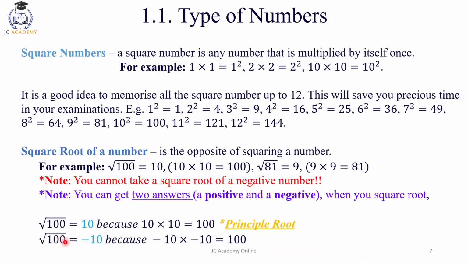Now square root of 100 is also equal to minus 10, because if we do minus 10 times minus 10, that also gives us 100. Now the positive number is known as the principal root. So whenever you take a square root of a number and you're not asked for all the solutions, you will only state the principal root, which is the positive of the two.